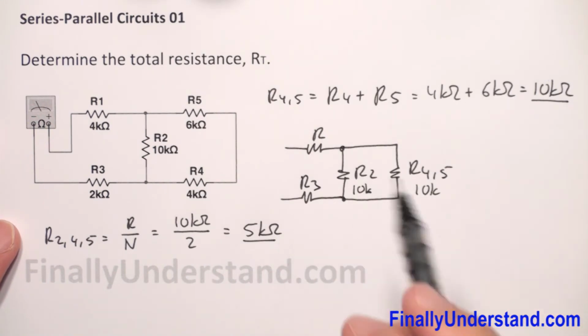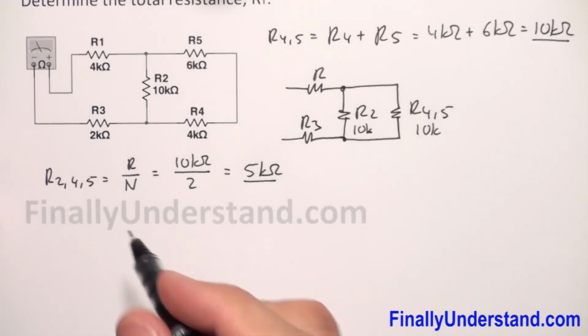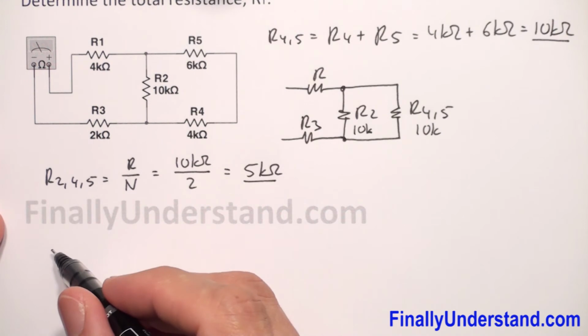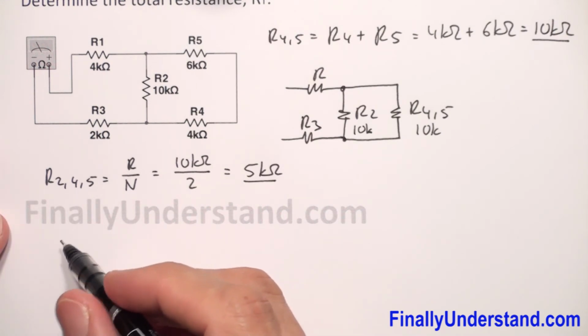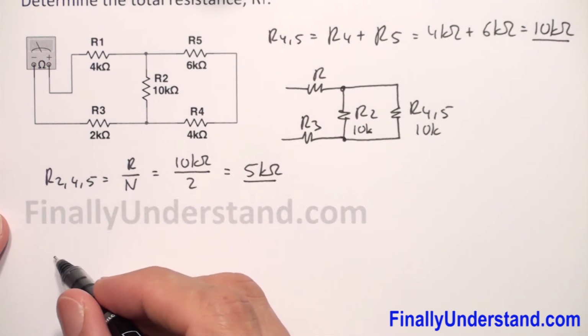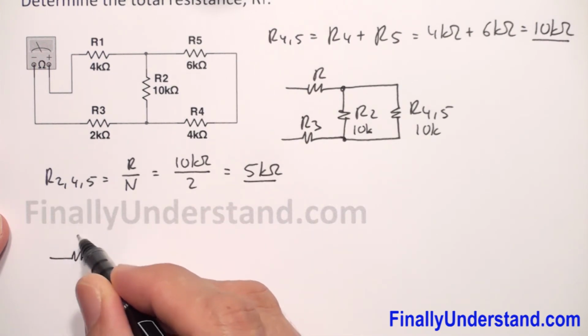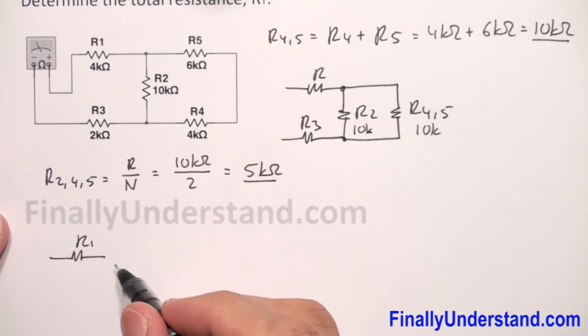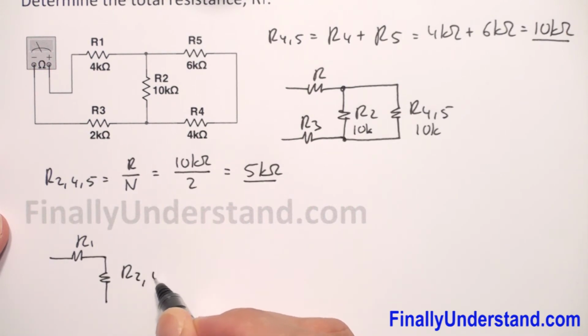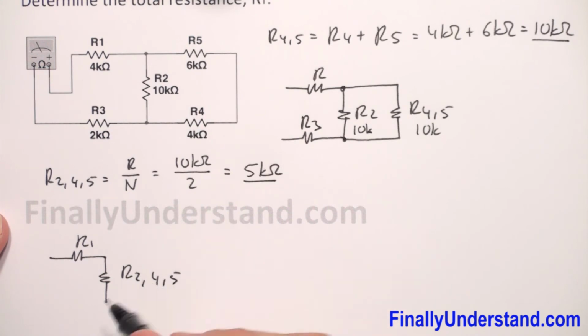Again, we can redraw the circuit. And I'm supposed to say at this moment it's better to keep redrawing the circuit in order to make yourself understand what's going on. So we have R1, this is my resistor R245, and I have resistor R3.